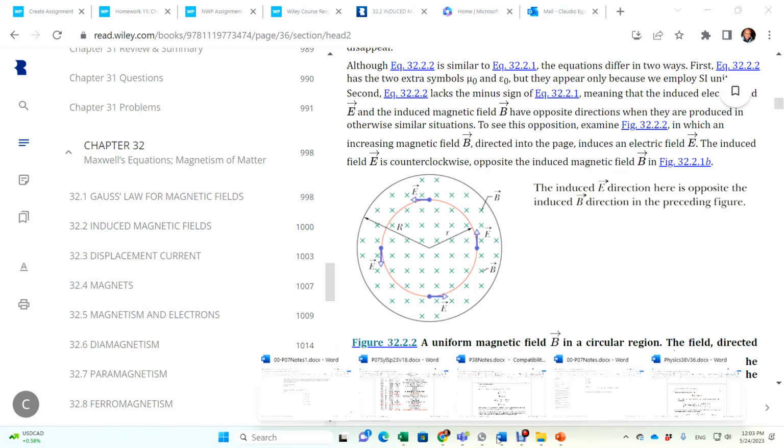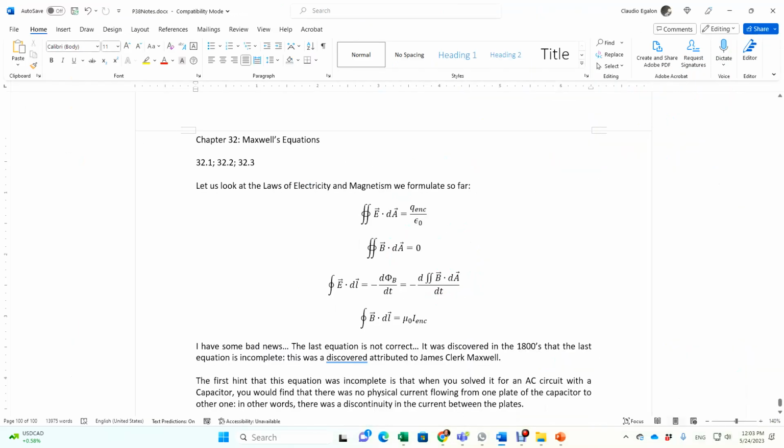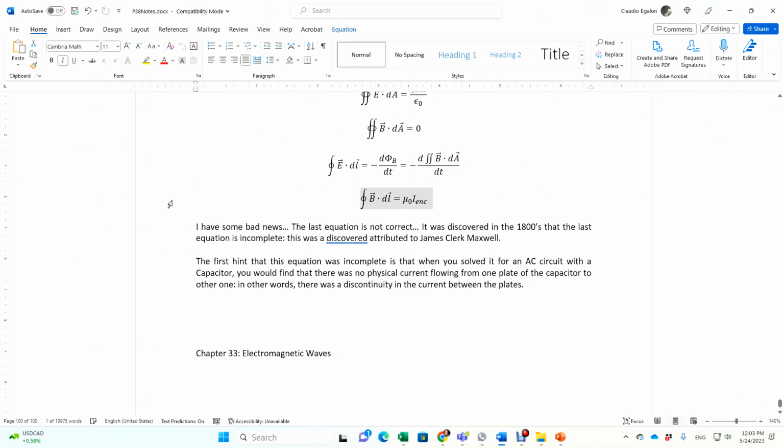Let's say an invisible type of current that was flowing between the plates of the capacitor. So the reasoning went like the following.